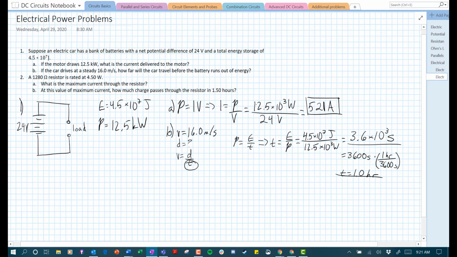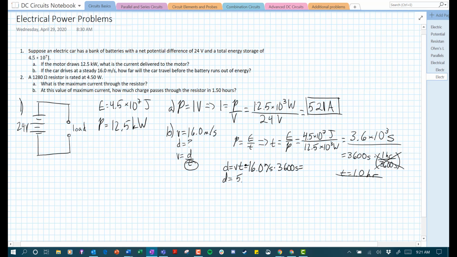Now let's actually just find our distance. From speed is distance over time, we can solve that for distance. We get distance is speed times time, which is 16.0 meters per second times 3,600 seconds. Let me write it down here.